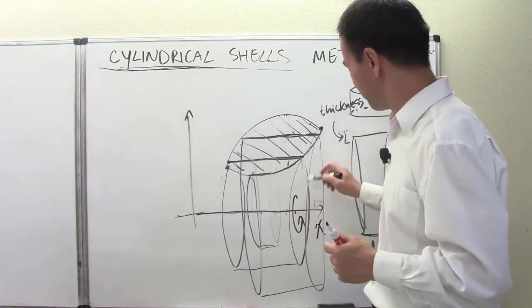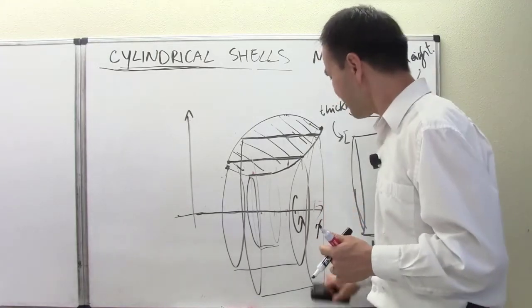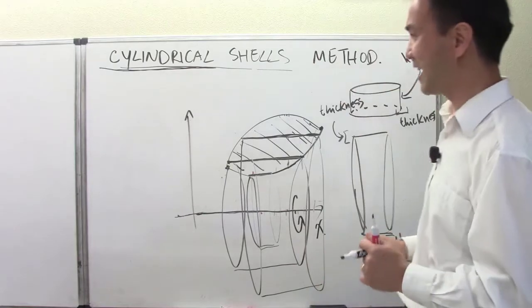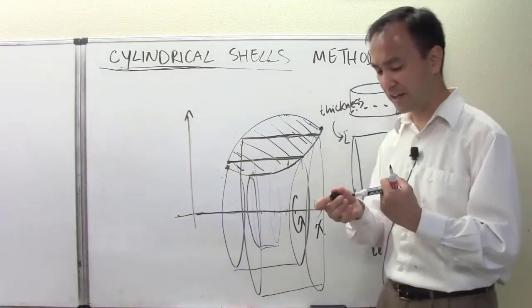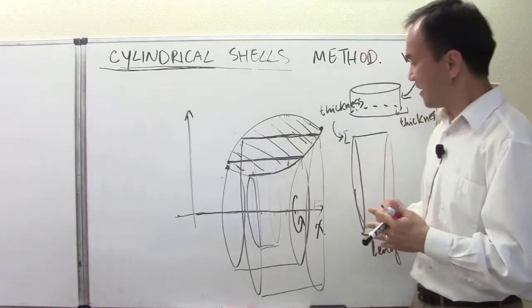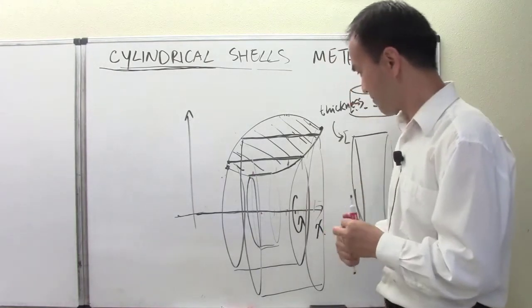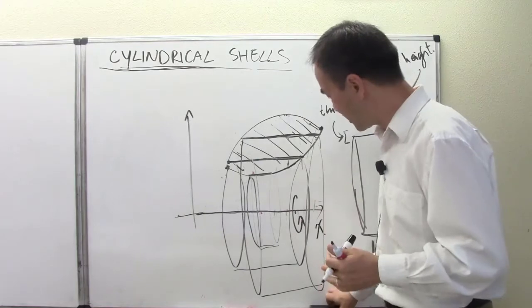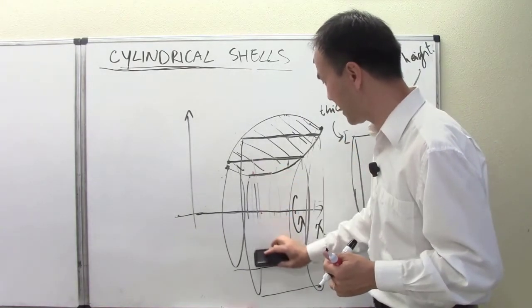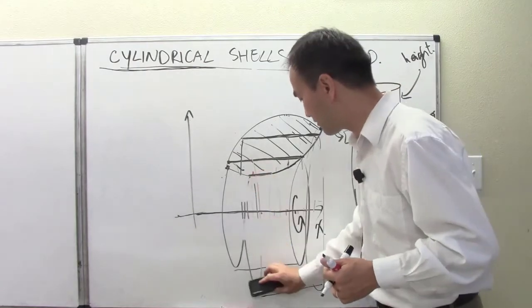Now I need to point out a few more details so that we can start bringing that philosophy into an actual example. Here's the thing. I'm going to erase all of these extra shells, because we only need to pay attention to one shell, and that should be good enough for our problem.